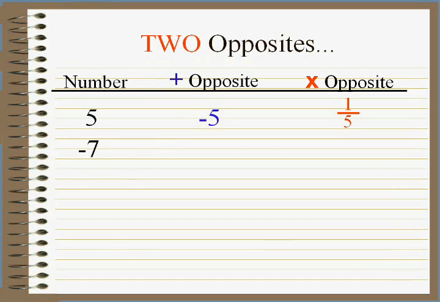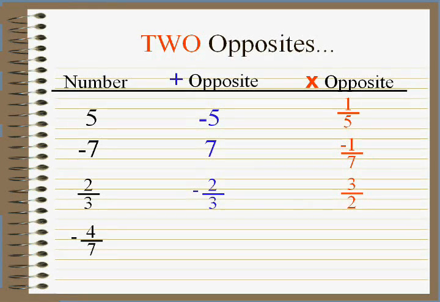Negative 7 has an additive opposite, positive 7, but it also has a multiplicative opposite, 1 over negative 7. What about 2/3? He has two opposites also. Negative 2/3 is his additive opposite, and his, I want to use a word here, reciprocal is his multiplicative opposite, 3 over 2.